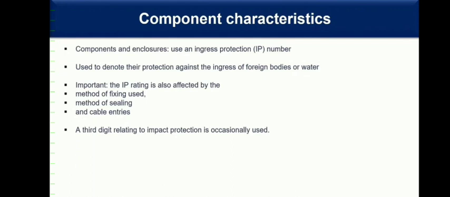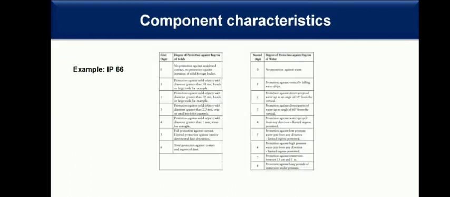It is used to express the protection against the ingress of foreign bodies and water. Depending on the IP rating, several other things are affected, for example the method of fixing, the method of sealing, and also the cable entrance into the device. You always have two digits, but sometimes there is also a fourth digit added to express the impact protection.